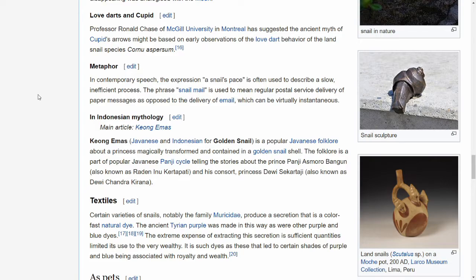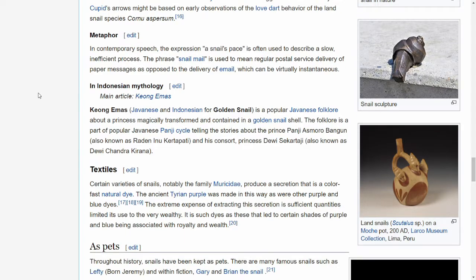In Indonesian mythology, Keong Mas, Javanese and Indonesian for golden snail, is a popular Javanese folklore. It's Javanese, right? Anyways, Javanese folklore about a princess magically transformed and contained in a golden snail shell.